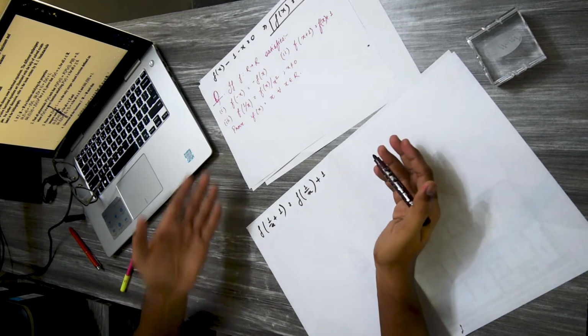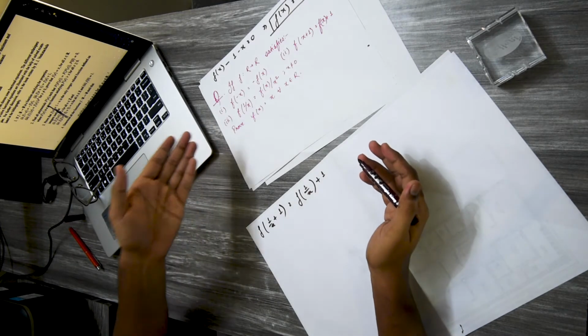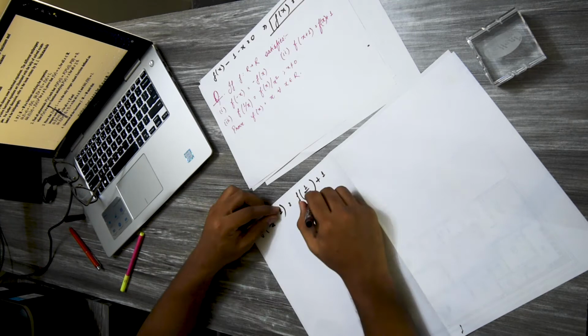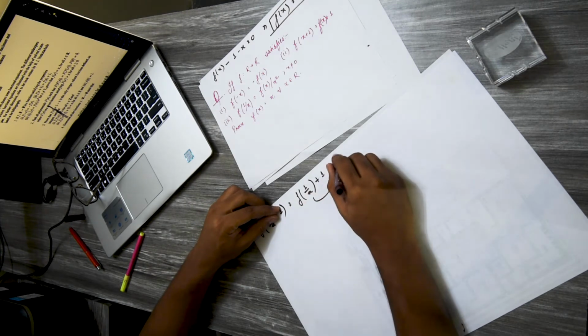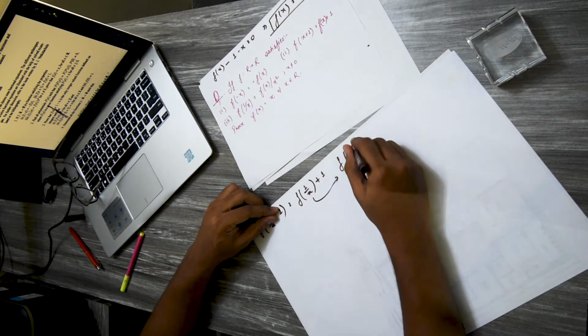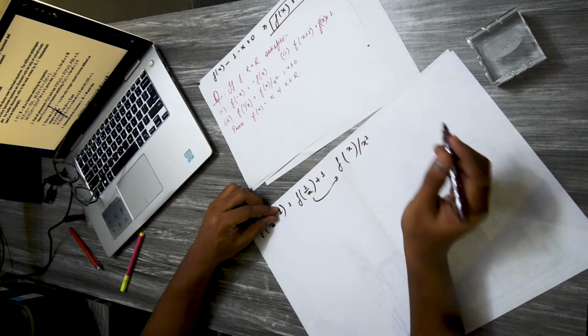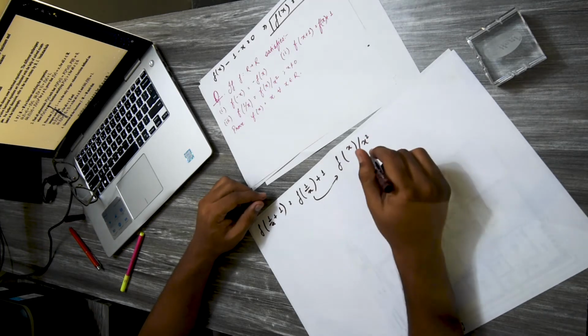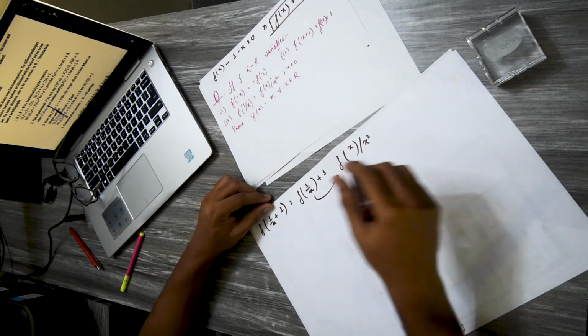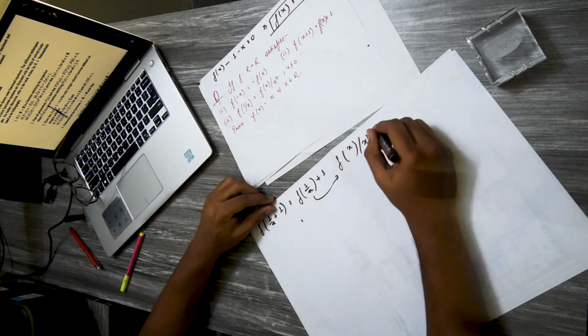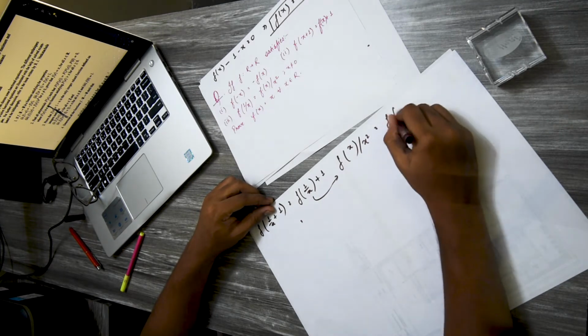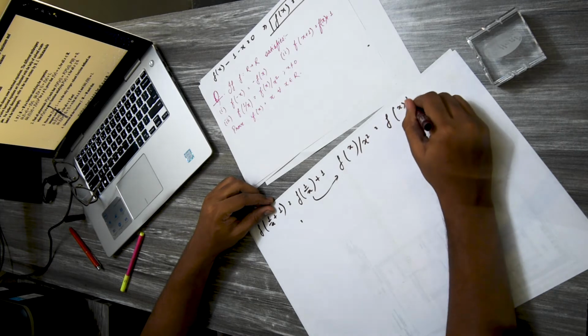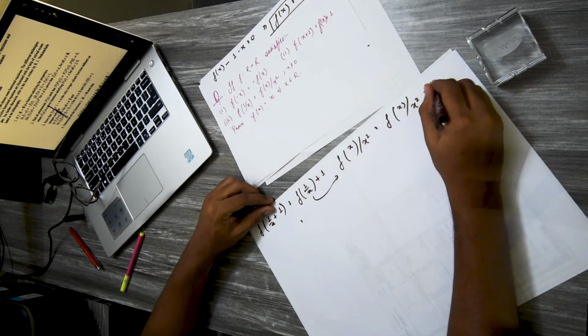Now we'll again substitute the third into this equation. Hence this is going to become f(x)/x squared, correct? And yeah, so you'll just know where we are getting with this. f(x)/x squared plus 1.